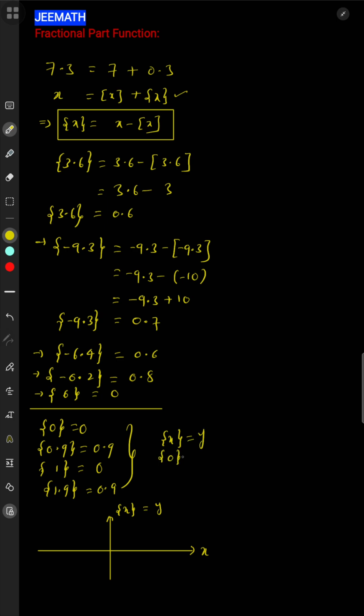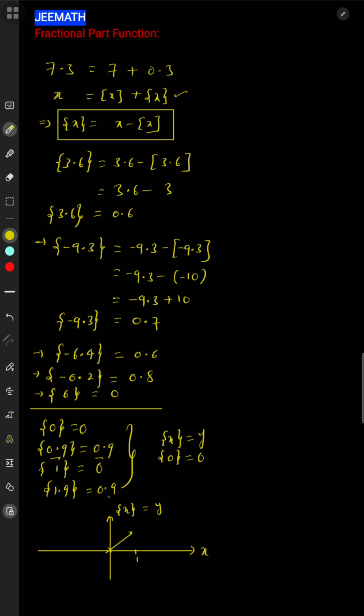The fractional part of 0 is equal to 0. So (0, 0) is a point on the curve. After that, you see here (0.9, 0.9). So 0.9 is just before 1. On substituting that we are going to get 0.9. The point (0.9, 0.9) will be here, and joining them we will have a graph like this.